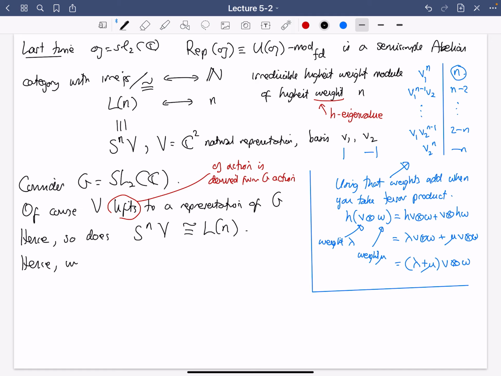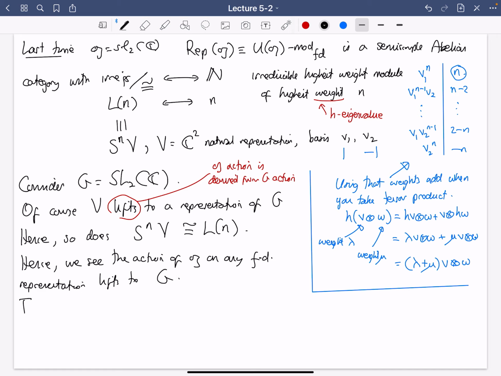So we see that the action of the Lie algebra on any finite dimensional representation lifts to the group.